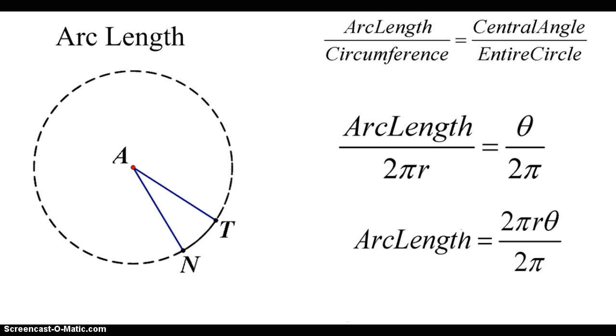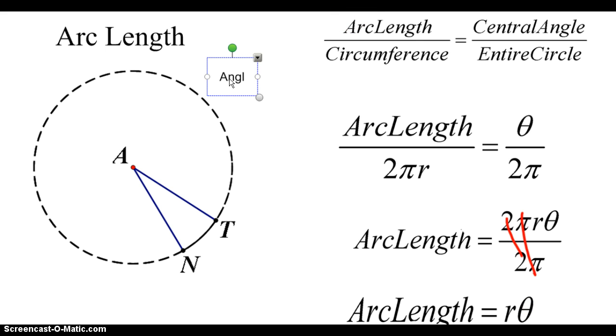So when I cancel those out, I'm left with arc length is the radius times the central angle. Again, you need to remember that the angle has to be in radian measure. It's really important that you understand that.